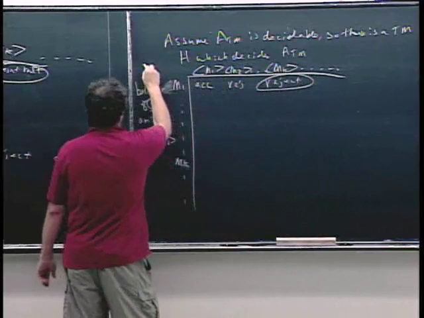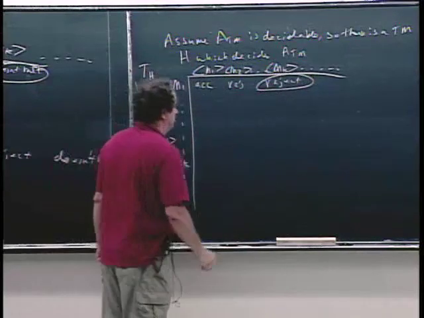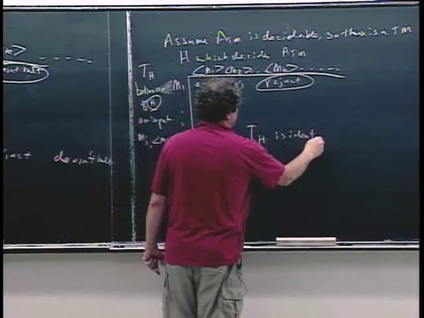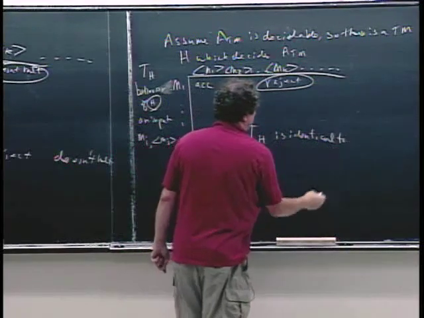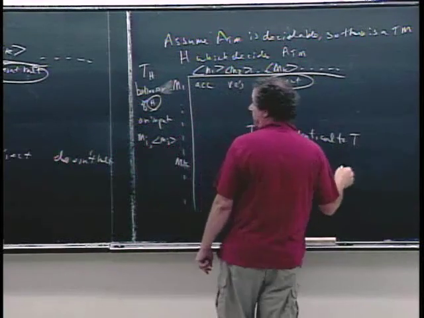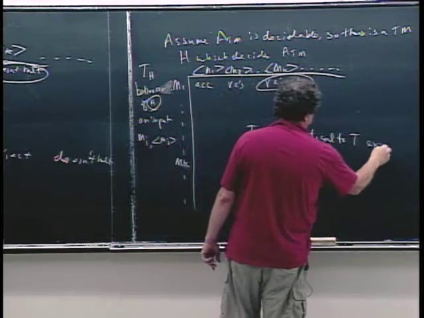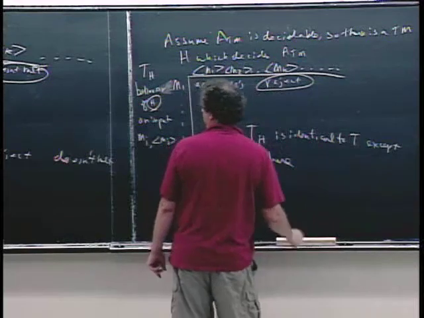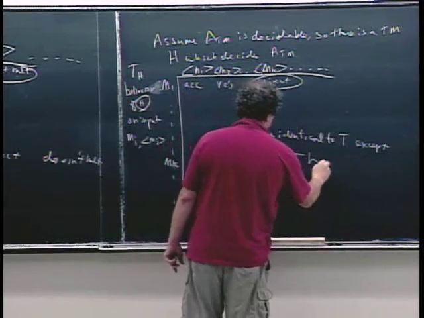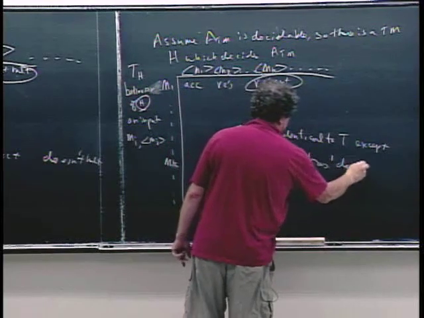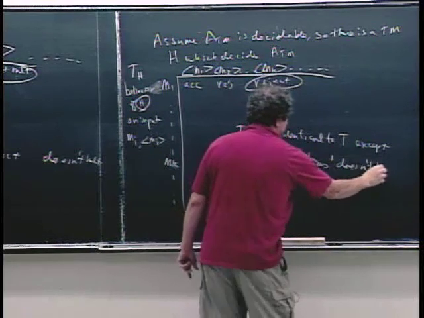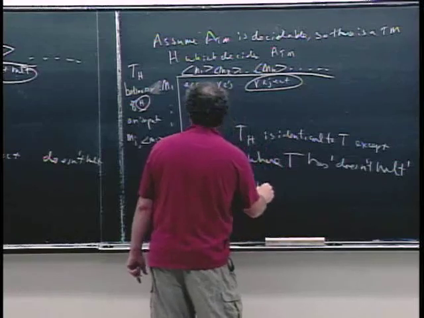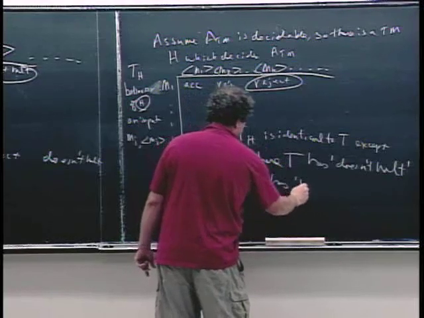Okay? So I'll call this table TH. So TH is identical to T, except where T doesn't halt, TH has reject.